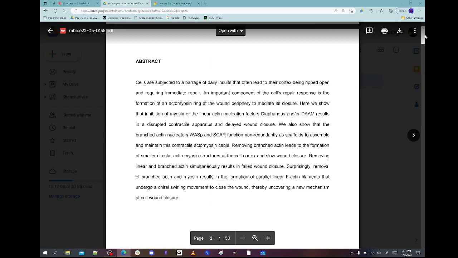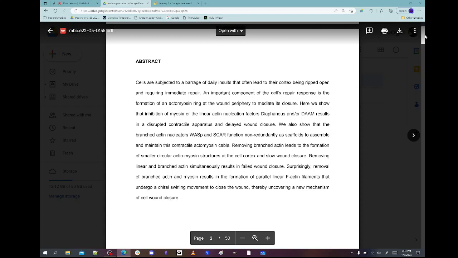Here we showed that inhibition of myosin, or the linear actin nucleation factors, Diaphanous and or DAAM, results in a disrupted contractile apparatus and delayed wound closure. So these factors are essential for this process, and if you inhibit them, this disrupts the contractile formation. So you have this ring, and it closes down and then disappears.